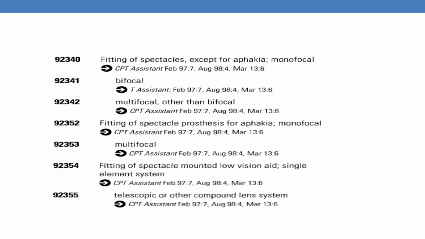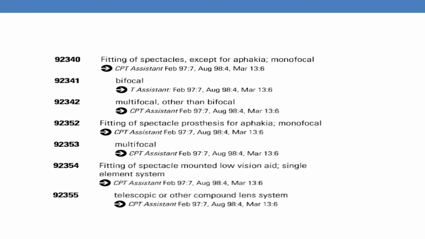Next, coming to 92352. It includes fitting of spectacle prosthesis for aphakia, monofocal. And if it is multifocal, the CPT is 92353. The next CPT is 92354. It includes fitting of spectacle mounted low vision aid, single element system.